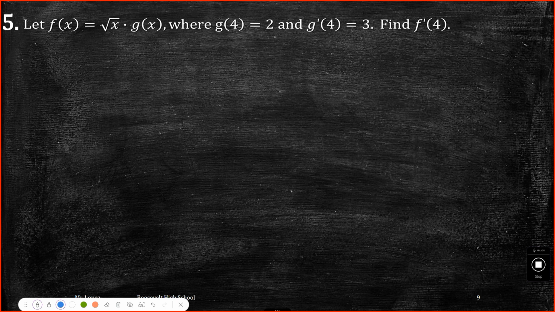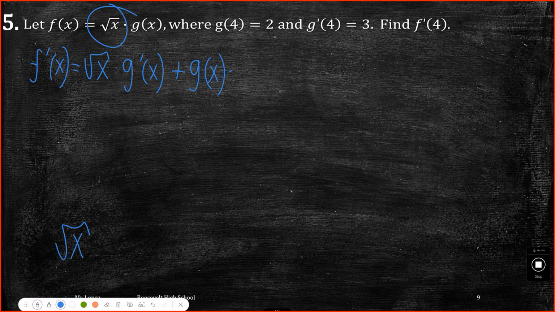F prime of x, plus the second. What's the derivative of square root of x? You should memorize this. It comes up a lot. The d/dx of this is going to be x to the 1/2.